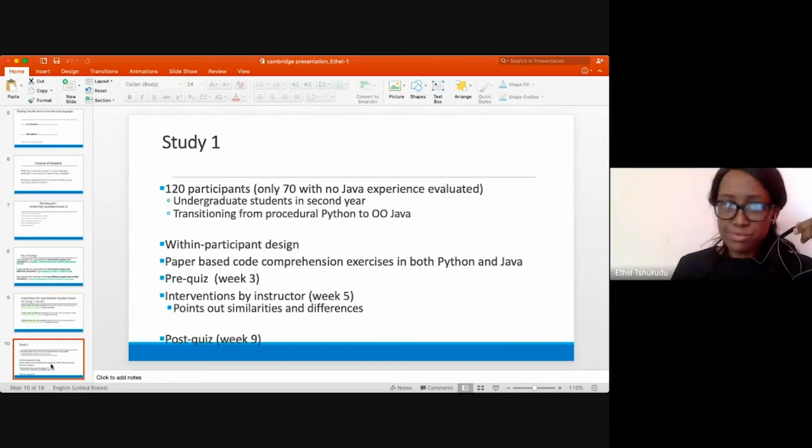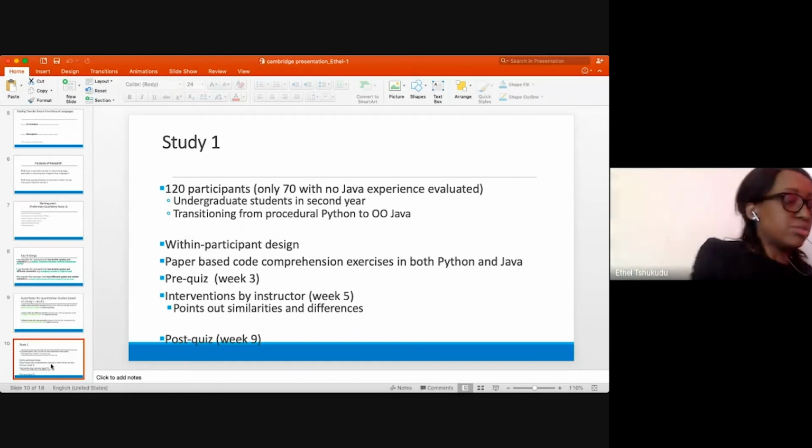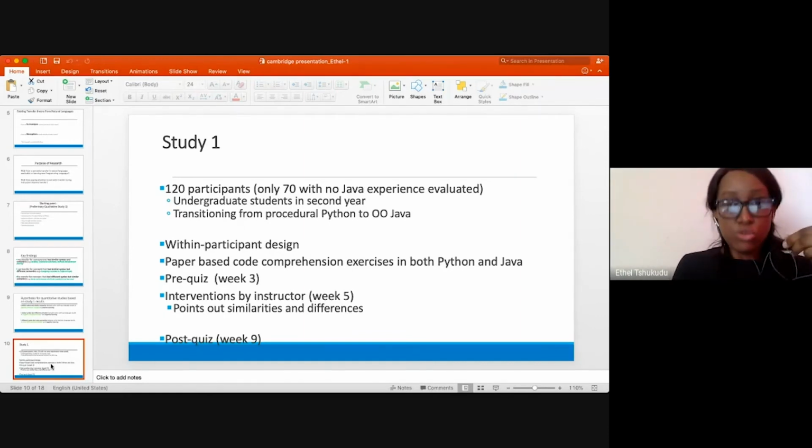So what I did to test this hypothesis was to conduct a study with 120 participants who were also transitioning from procedural Python to object-oriented Java. It was a within participant design, so there were no controls. Everyone was exposed to the same treatments within the same class.